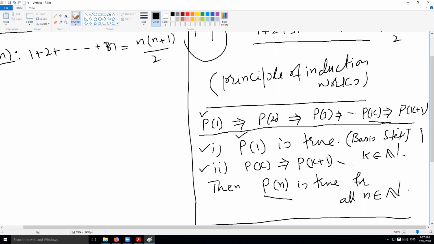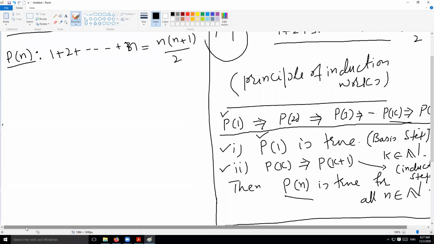And this second step is called the inductive step. Anyway, let's prove the basis step for this statement.